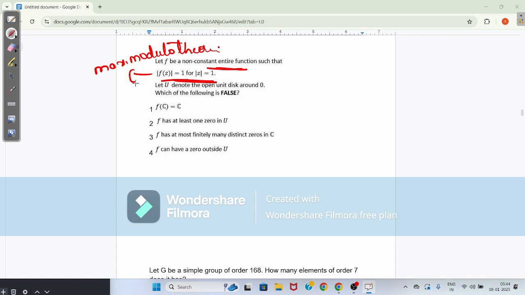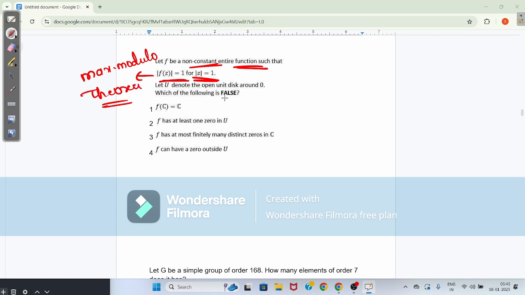This condition reminds us, this condition is from, let f be a non-constant entire function here. So the condition which has been given is from the maximum modulus theorem. Which of the following is false?